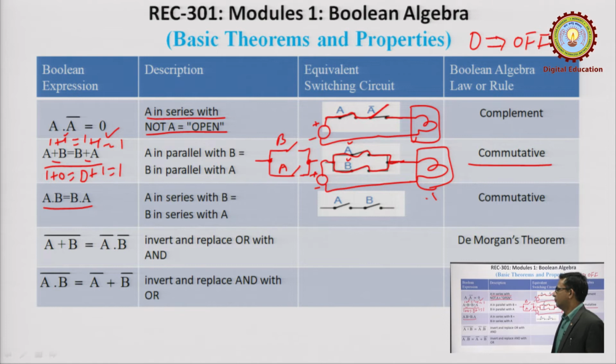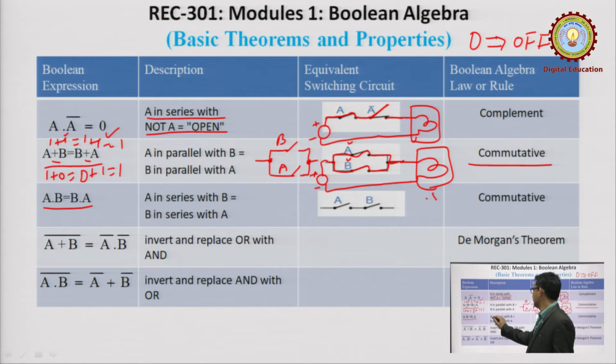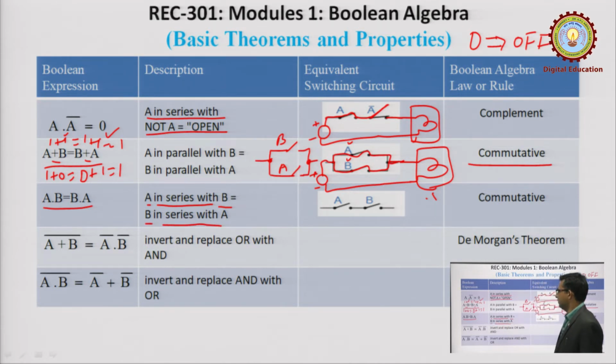Now, the second one is A dot B and B dot A. Because of the dot, we can say both the switches, switch A and B, are connected in series. Okay. There are two switches A and B, and because of the dot product both are connected in series.